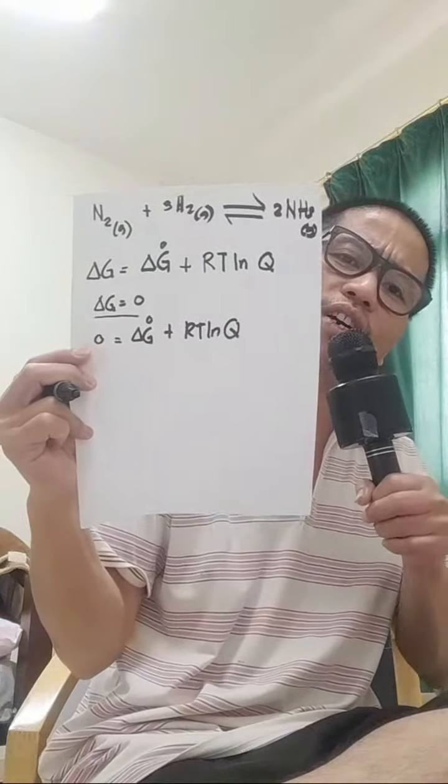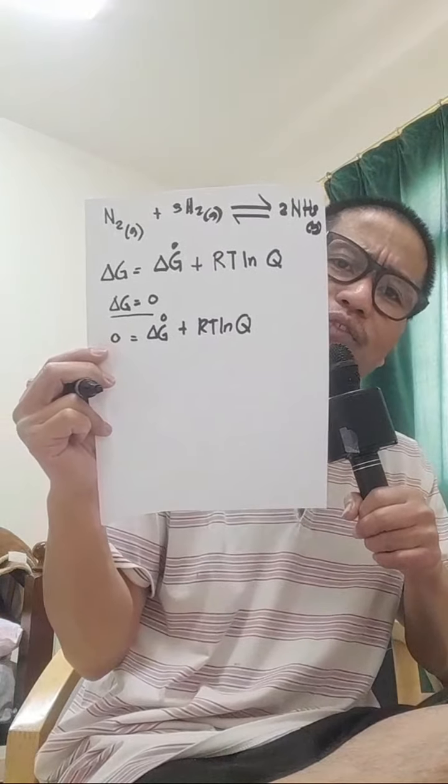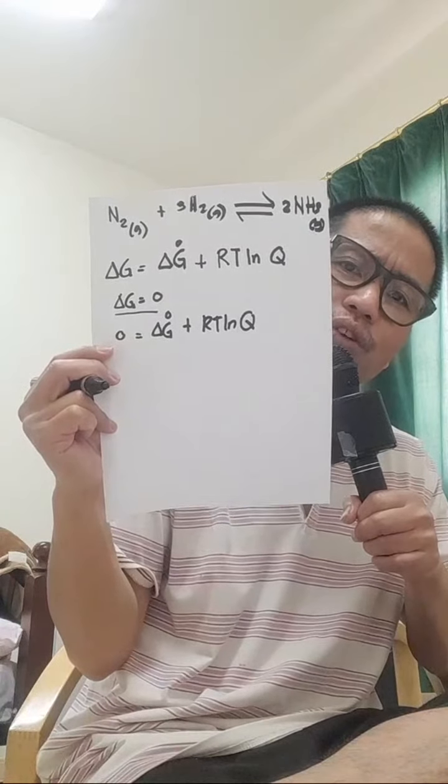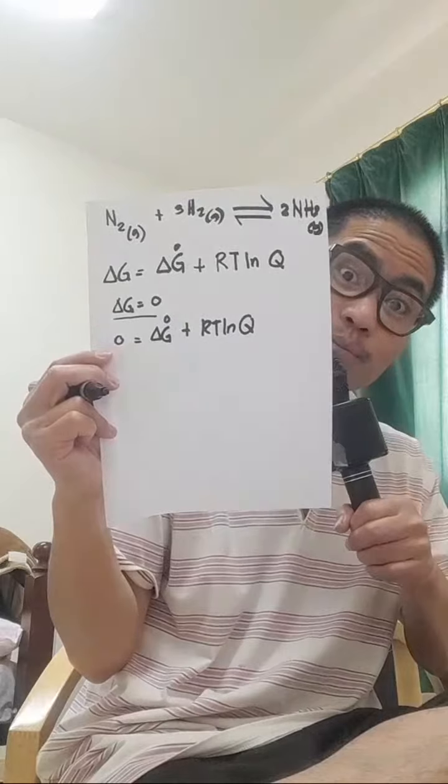Tell you honestly. So the change in free energy standard is equal to RT ln Q. It's algebra, guys. You need to solve for the value of the change in standard free energy, so you have to transpose that to the left side.